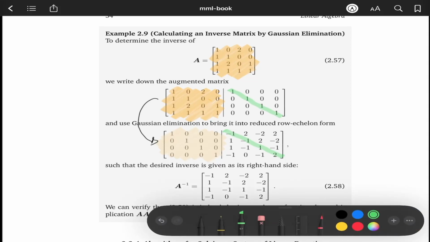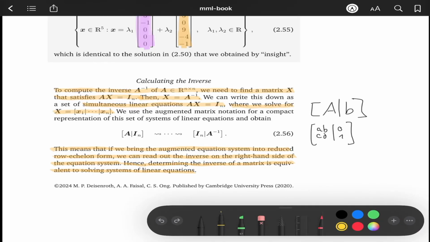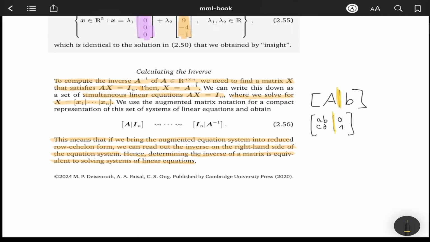I don't know. Okay, again, what they're saying is they want to have a system of linear equations. And this line can be dividing not only a vector with a matrix, but also two matrices. So I don't know, in my head it was always a vector.